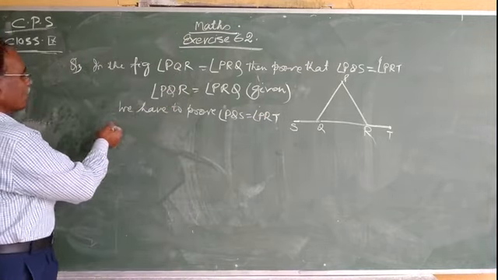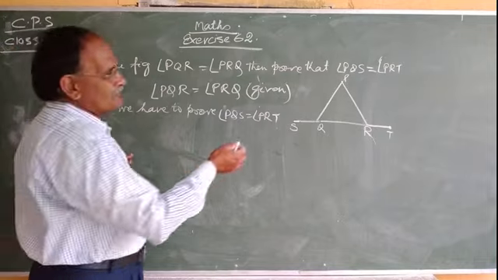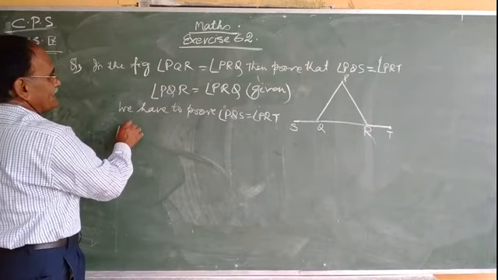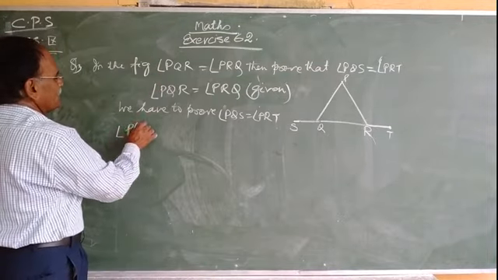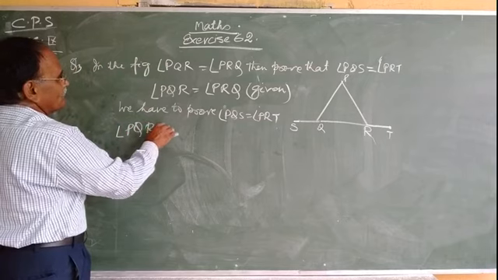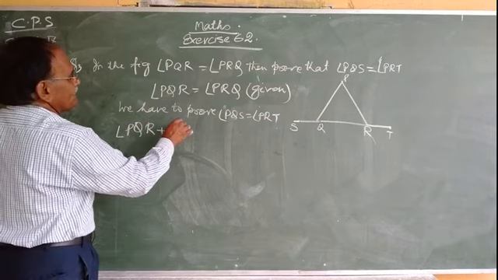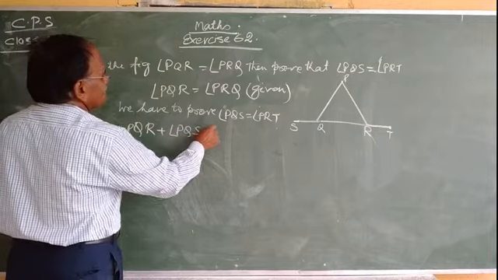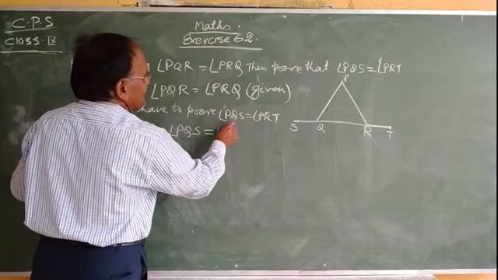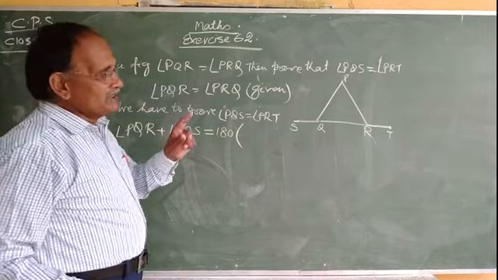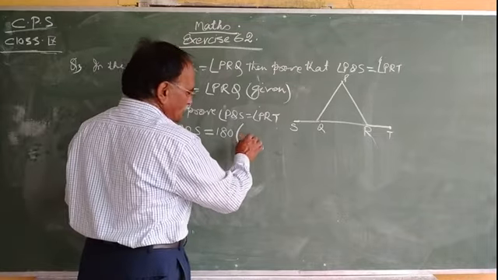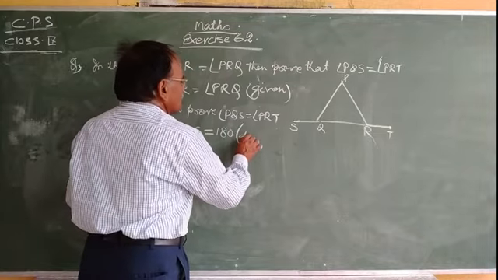First, we know that angle PQR plus angle PQS is equal to 180 degrees, and this is due to linear pair, which I have taught you before.